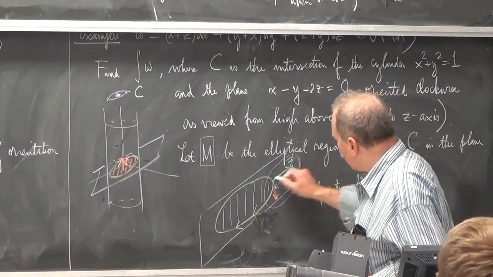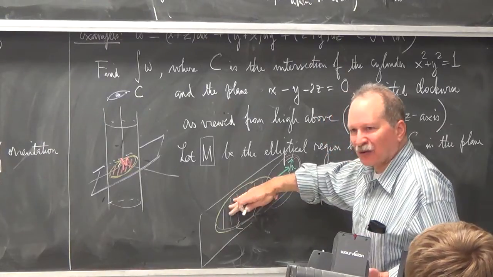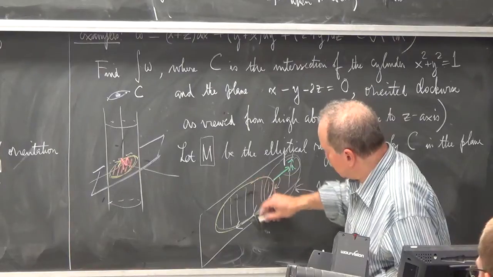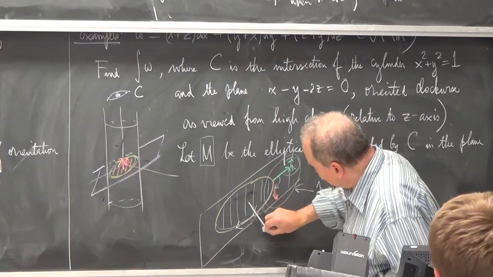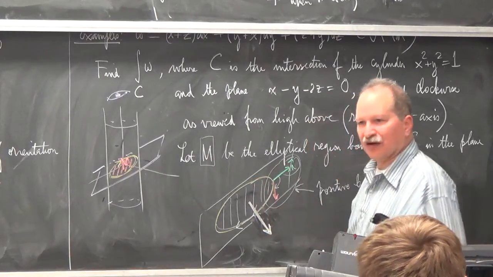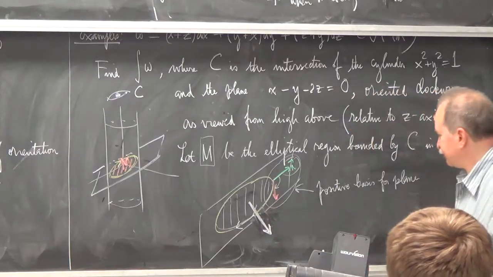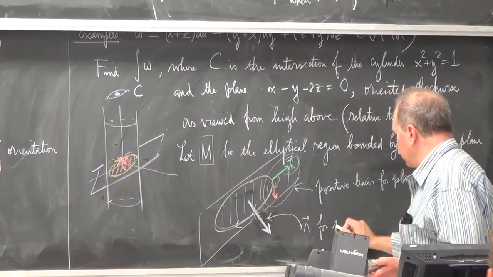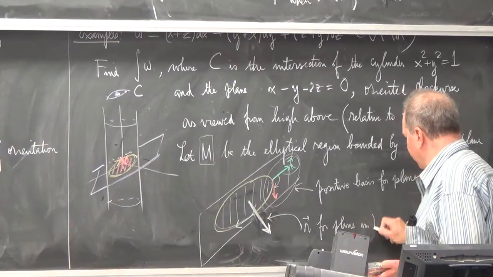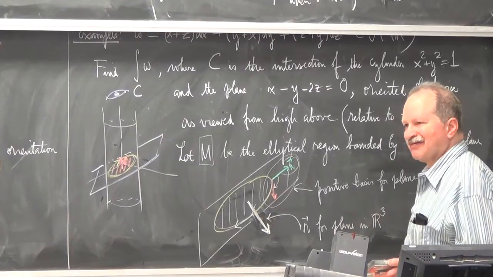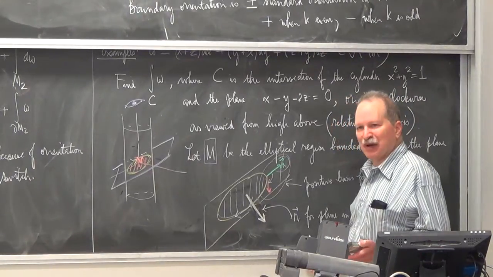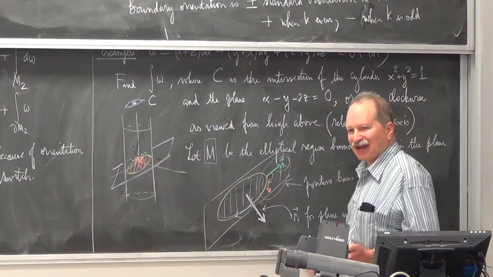This n is normal to the curve in the manifold, but the plane has the opposite orientation. In other words, the plane is oriented with its normal in R3 pointing down. So this is the n for the plane in R3. This is a little confusing because there are two n's in play. I apologize.